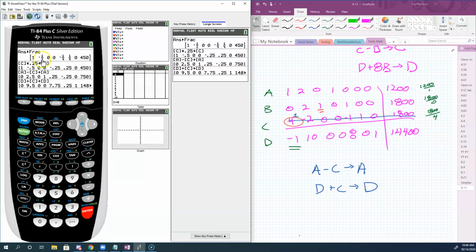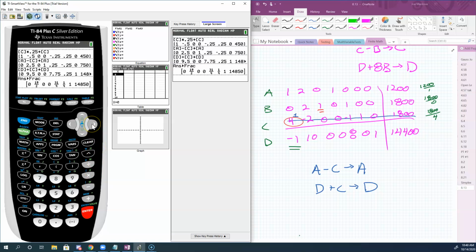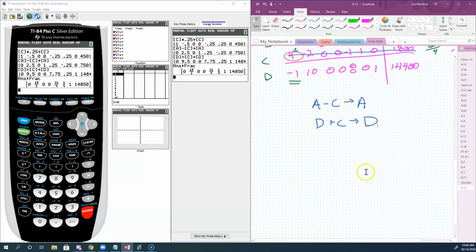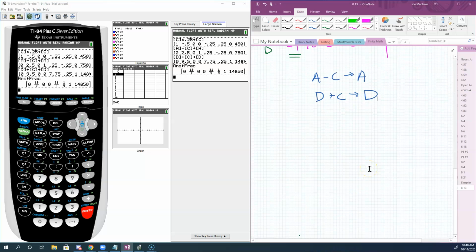Okay. And we could probably fraction that whole thing. And so out of this, what I'm seeing is that I'm done, for one thing. You guys see why I'm done? There's no more negatives in the bottom row.